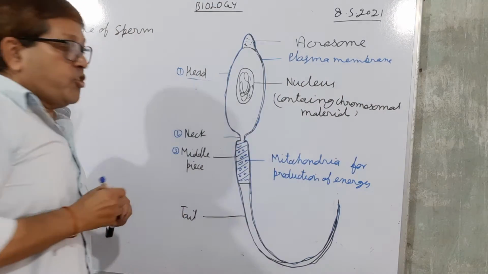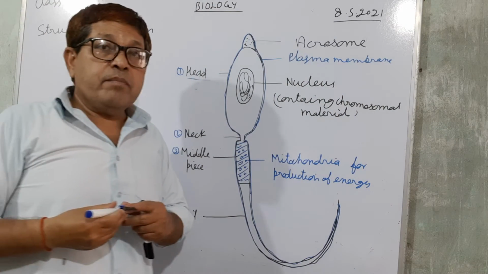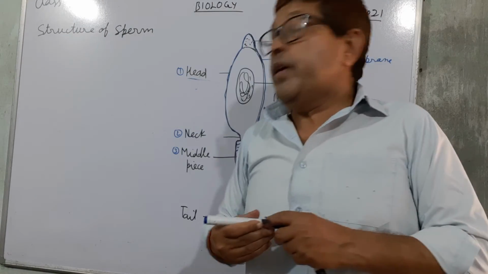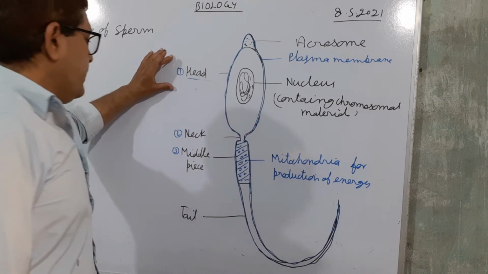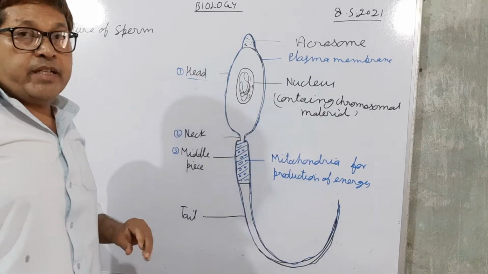So this is the structure of the sperm or male gamete. It consists of four parts: head, neck, middle piece, and the tail.